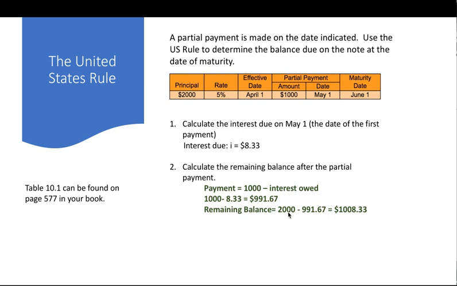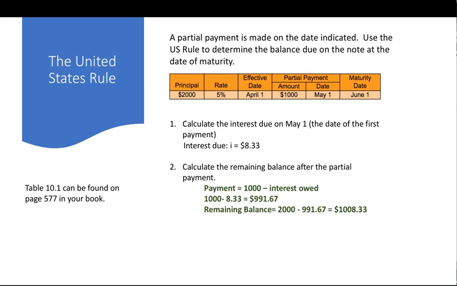So the original loan was $2,000. I subtract $991.67, and the outstanding principal, what I still owe, is $1,008.33.